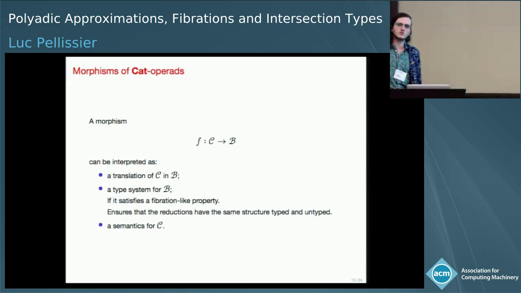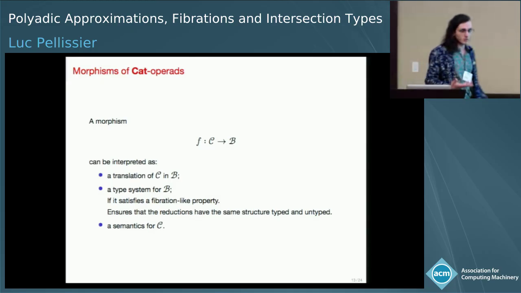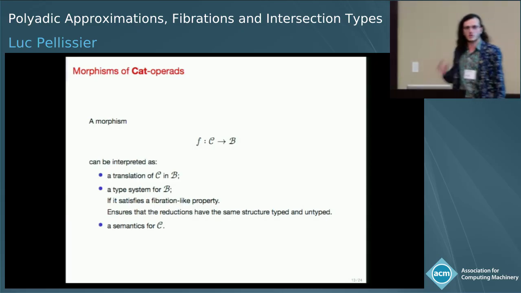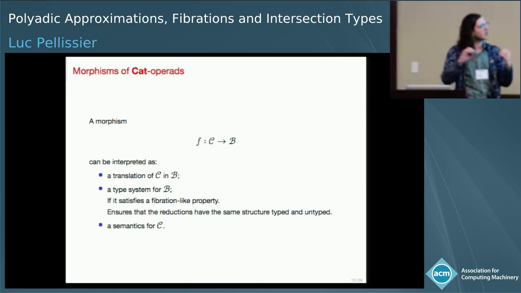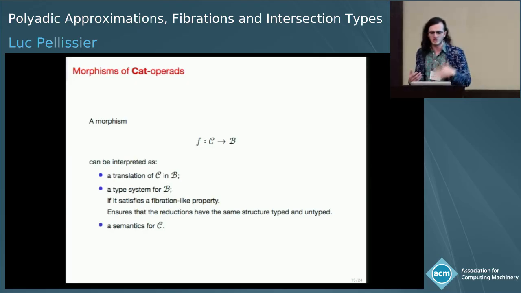We view one of these morphisms as a type system if and only if it enjoys certain fibration-like properties that ensure that the reductions have the same structure when viewed typed and untyped.